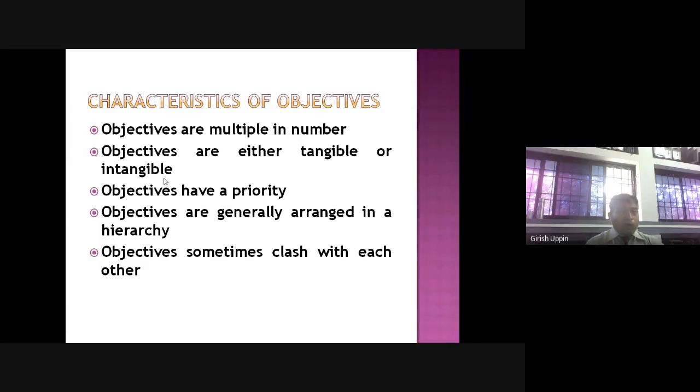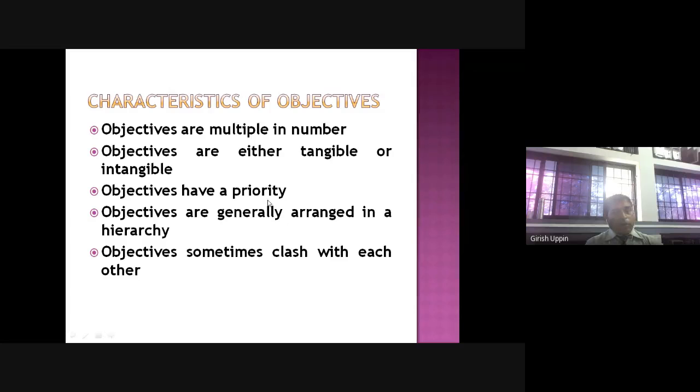We cannot quantify it. We can assess it, but we cannot put a number on the satisfaction. So there could be objectives which we can measure and quantify, and there are certain objectives which cannot be quantified, but they are required.